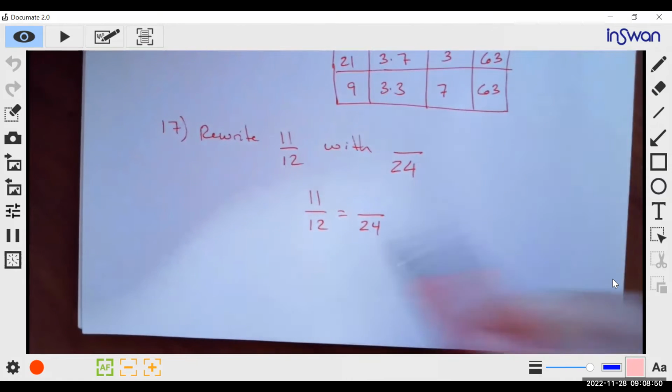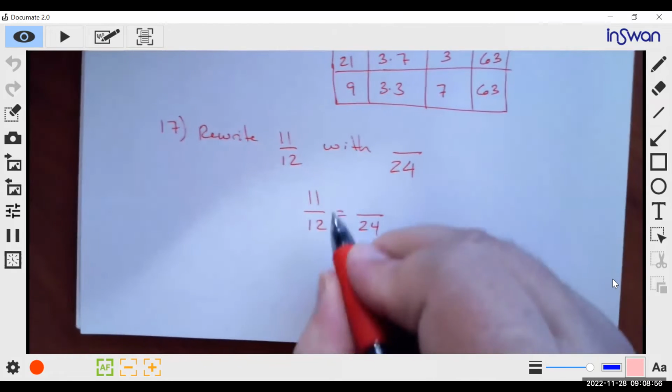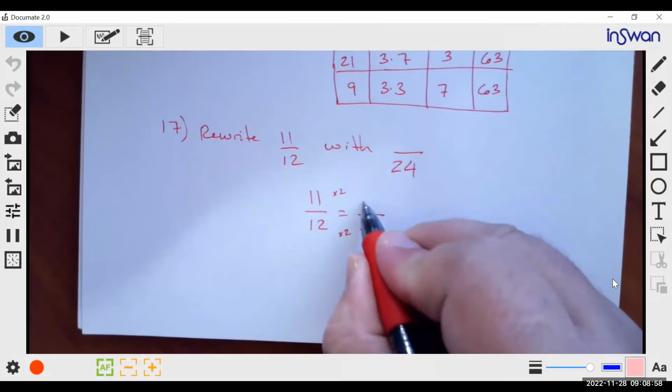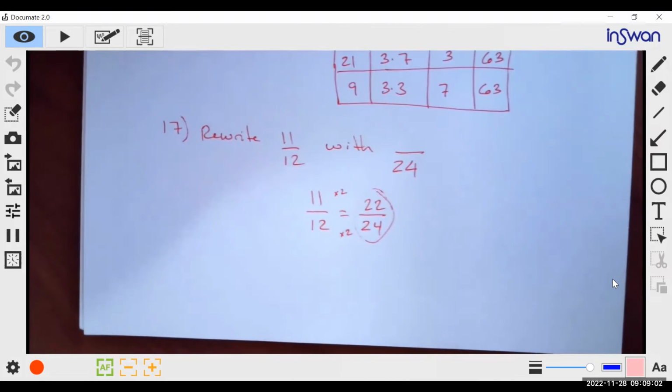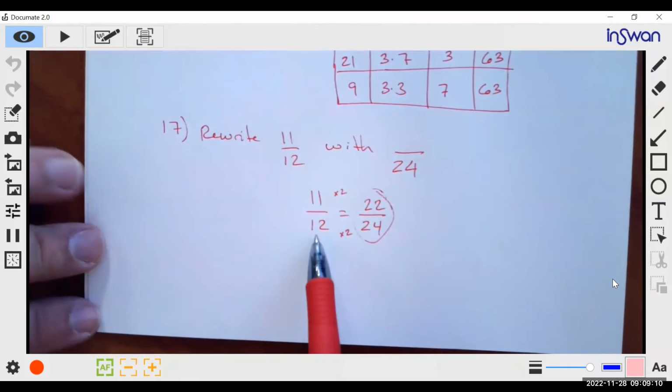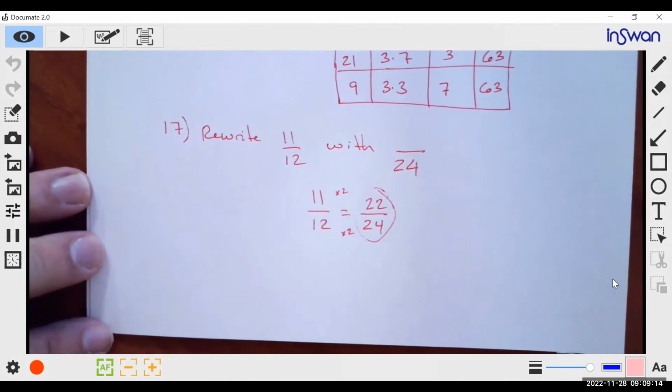So how do we go from 12 to 24? Multiply by 2. So multiply by 2 on the top, which is 22. 12 times 2 is 24. So 11 times 2 is 22.